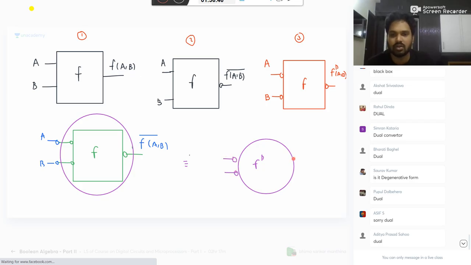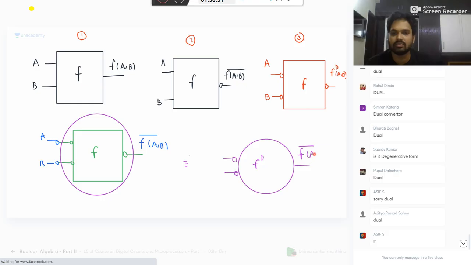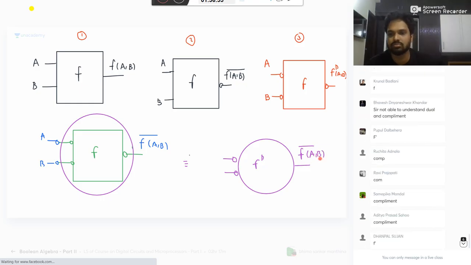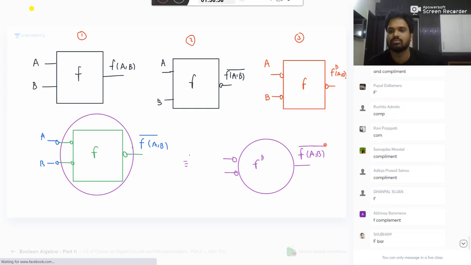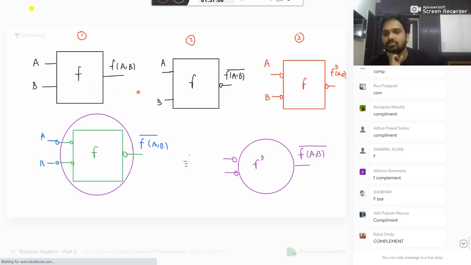For F dual, if inputs are complemented, what is the output? It is F bar of A. Okay. So now just have a look of all. I am saying don't assume all are equal. Please remove that in your mind. Forget about these symbols. This circle rectangle not having any meaning. This circular part can be replaced by FD. Okay. If you are worrying about circle, let me remove it. Don't worry whether it is circle or not.